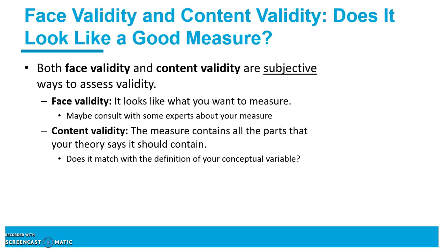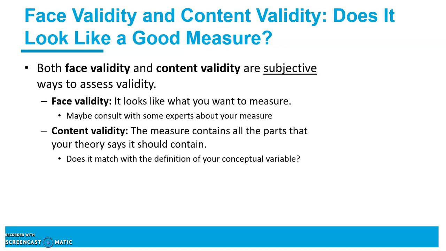Face validity and content validity. These are subjective ways to assess validity. If a measure is face valid, then it just subjectively looks like what you want to measure. If you want to assess this, you might want to just talk to some experts. Say, hey, I'm building a survey on life satisfaction.